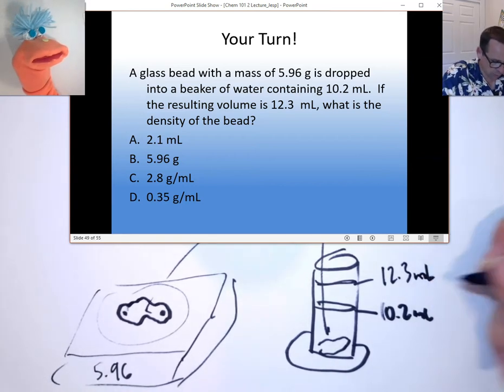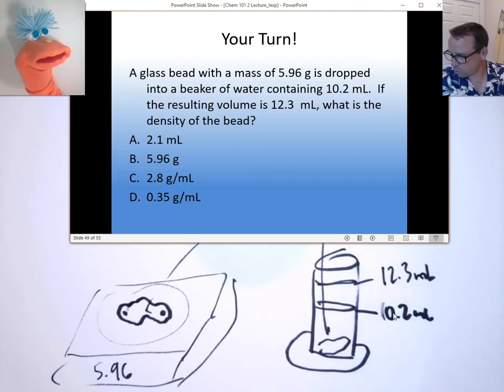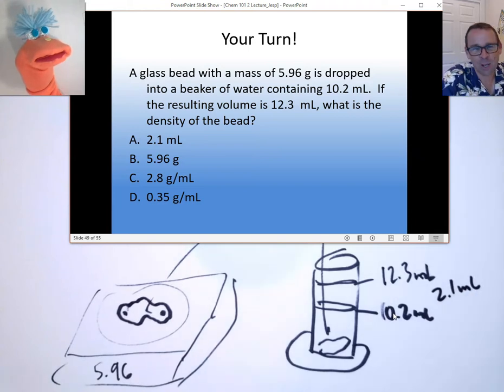So from that, I can know that the volume of the bead is the difference between 12.3 and 10.2, right? So 12.3 minus the 10.2, we got 2.1 milliliters.